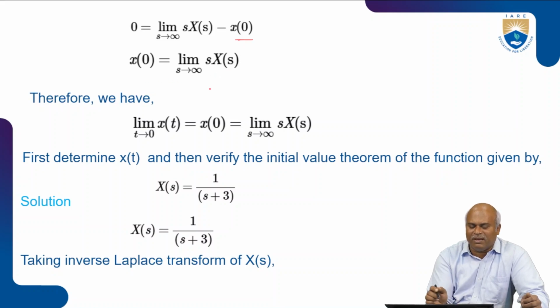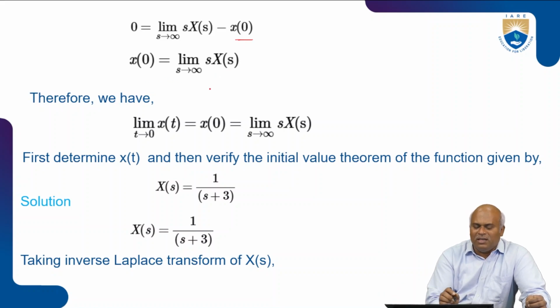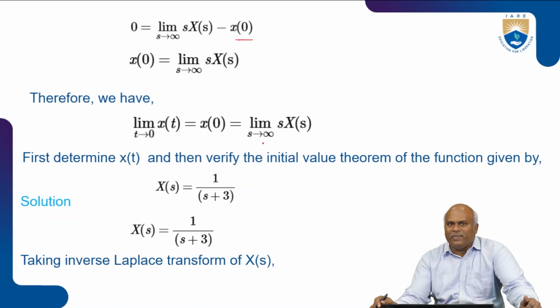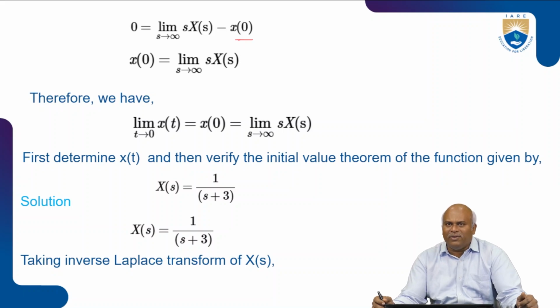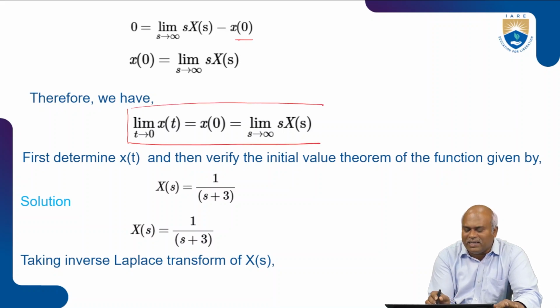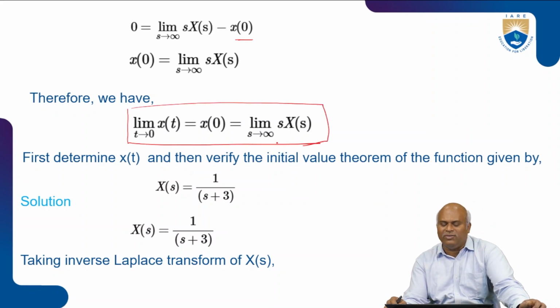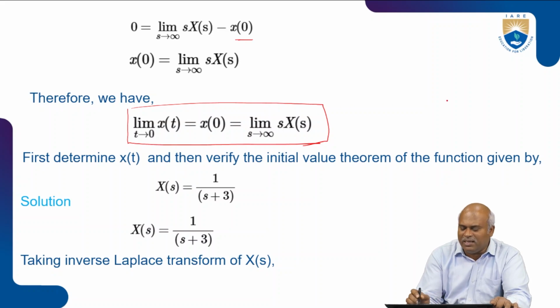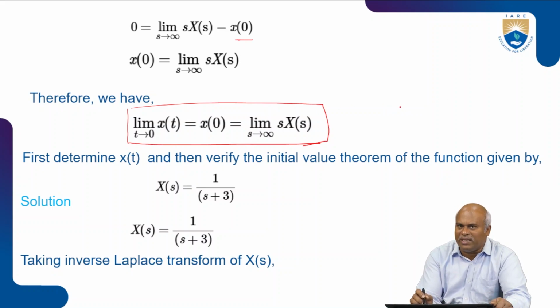Therefore we have the limit as t tends to 0 of x of t equal to x of 0, which equals the limit as s tends to infinity of s X of s. The first derivative of x of t automatically leads to our initial value statement. That means x of 0 is equal to the limit as s tends to infinity of s X of s.